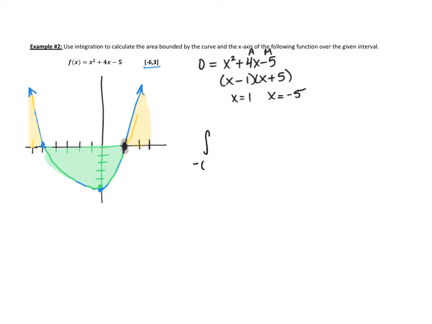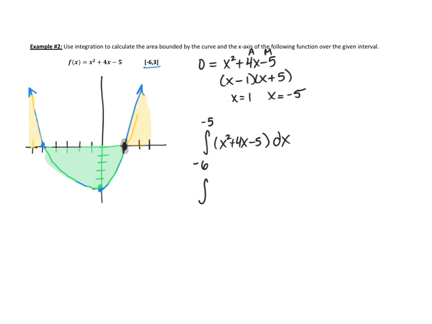We'll do -6 to -5. That would represent here, this is x equals -6 to x equals -5 of x squared plus 4x minus 5 dx. And then we're going to add that to the integral from -5 all the way to positive 1.